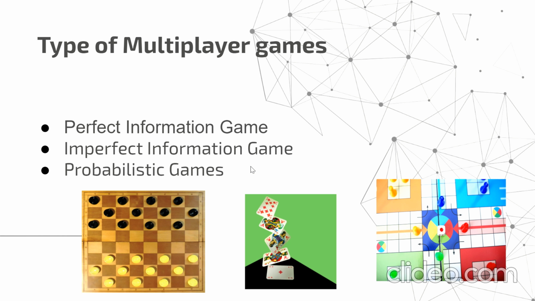Next thing is the types of multiplayer game. First of that is the perfect information game. A perfect information game could be an n-player game, and here all the players have complete information of the game, and the end of the game could be a win for any of the players, or a loss for any of the players, or a draw.